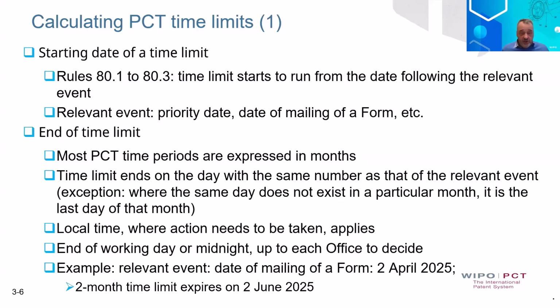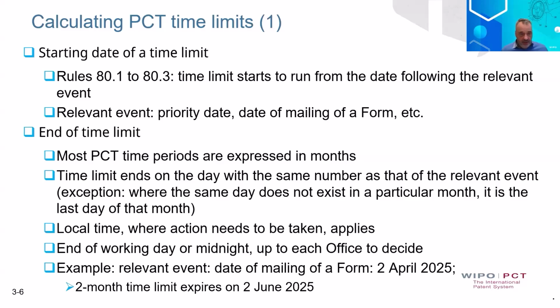Now, the PCT actually leaves it to each office to determine whether you always have time until midnight of the last day of the period, or it's the end of the working day. To our knowledge, most offices by now apply a midnight date, but they are still free under the current regulations to also apply that anything needs to get to us by 6 o'clock, end of business, and otherwise it's considered too late.